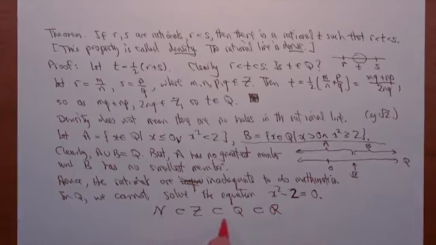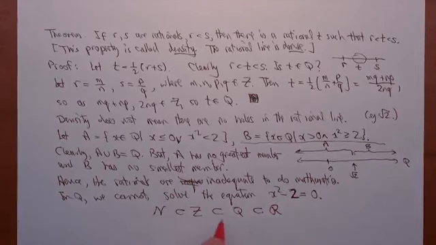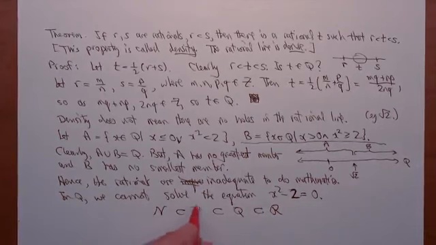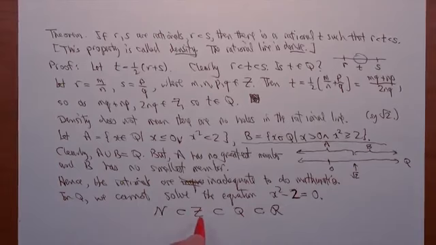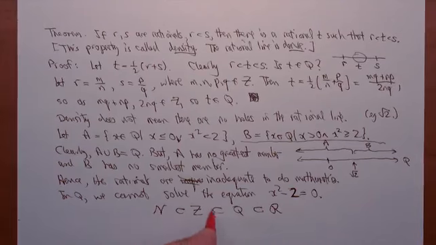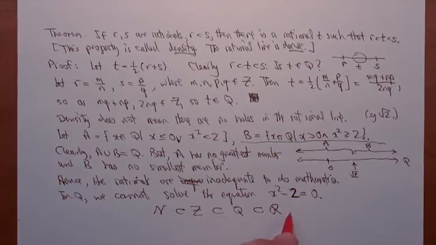By the way, this was in many ways a historical progression. Not quite, because Z sort of came in a different way. But going from the natural numbers to the integers to the rational numbers to the real numbers, that was largely a historical progression. And it was done in order to have greater expressivity.